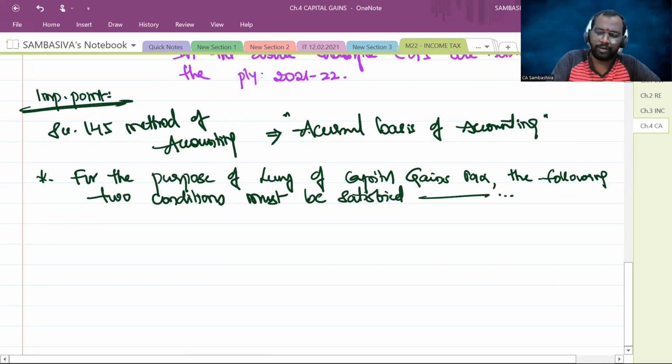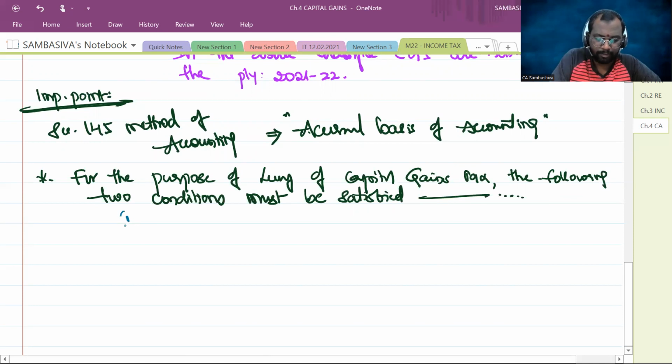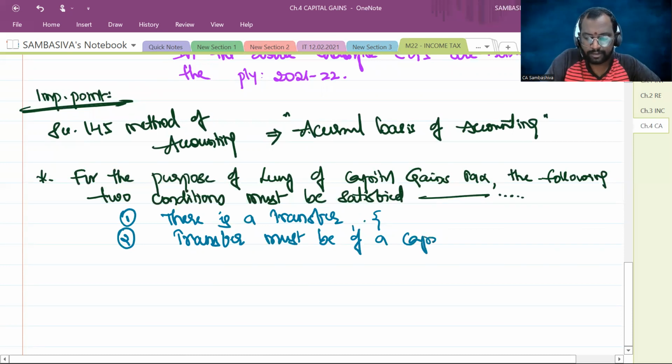Now, what are the two conditions? Number one, there is a transfer, and number two, the transfer must be of a capital asset.